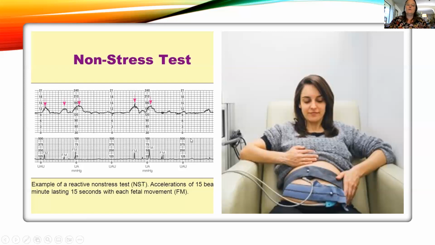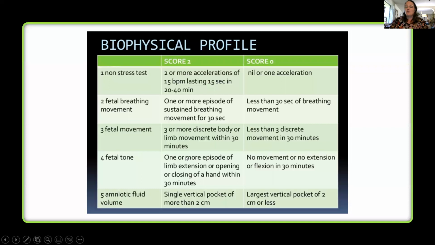It does require someone that has been trained in fetal monitoring to be able to assess. Let's say we have a mom that comes in for decreased fetal movement, and we do a non-stress test and it's non-reassuring. We don't see good variability or accelerations above the baseline or a normal baseline rate, or we have decelerations. We're going to send her for a further test, which is called a biophysical profile.